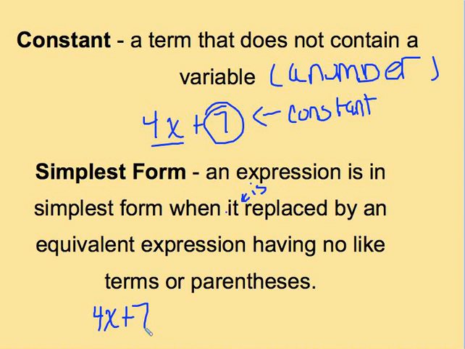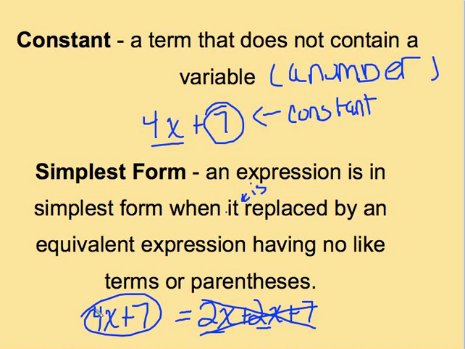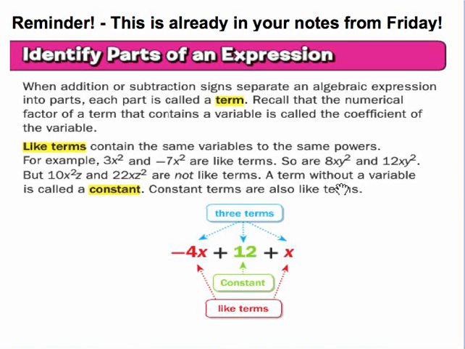There are no parentheses, and this is equivalent to 2x plus 2x plus 7, but in this case I see that I have two like terms, so this is not in simplest form, but this is.